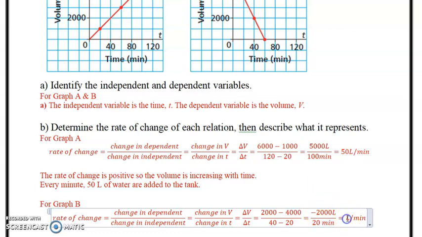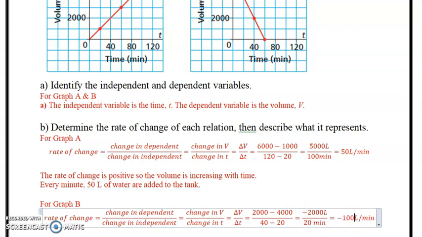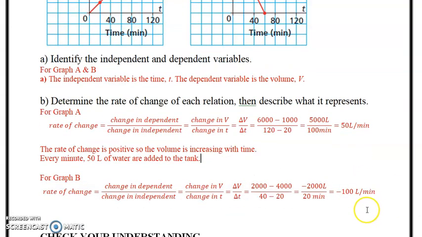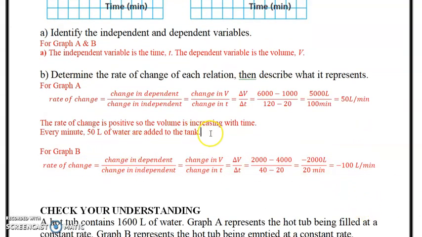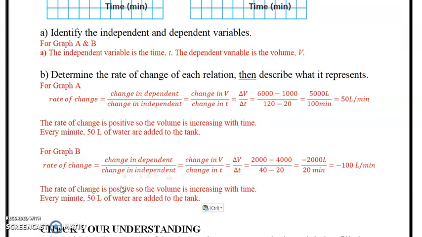Dividing the two gives you negative 100 liters per minute. So here, the rate of change is negative, so the volume is decreasing with time. Every minute, 100 liters of water are removed from the tank.